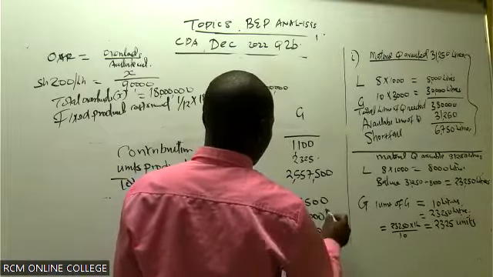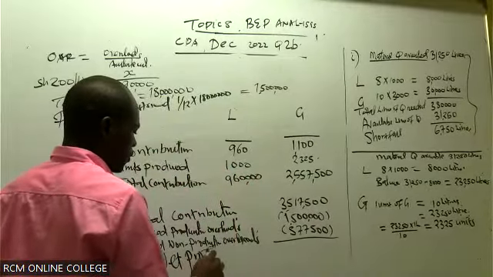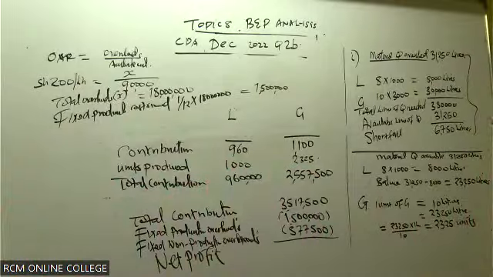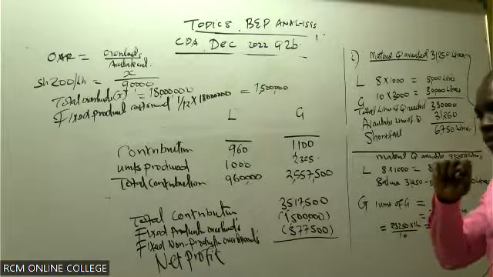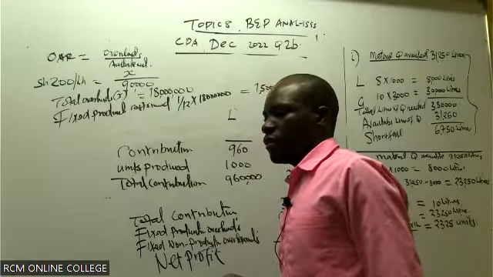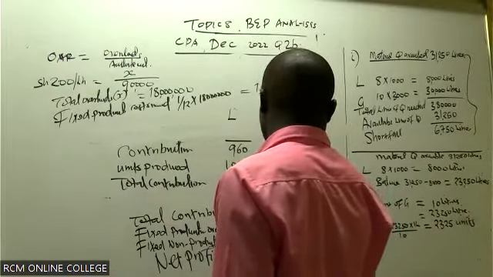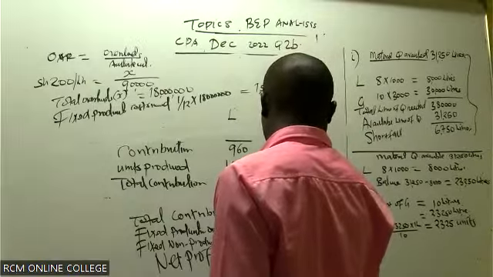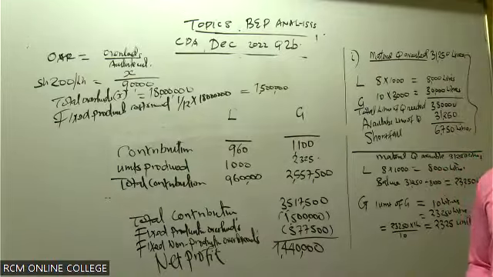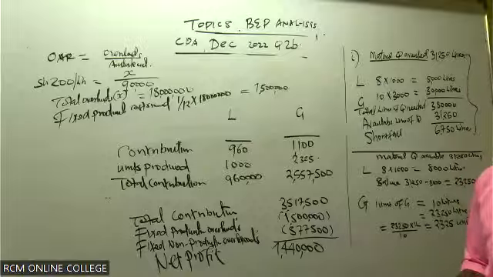Are you able to give us the net profit for this company? Is someone able to give us the net profit for the company? It is 1,440,000.